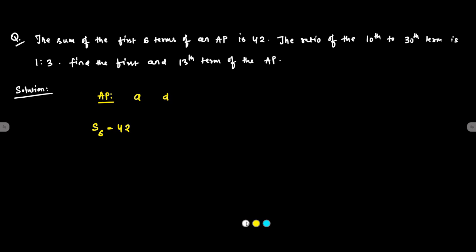Now we know that the general formula for the sum of n terms of an AP is n by 2 into 2a plus n minus 1 into d. So if we go by this formula here, S6 is equal to 6 by 2 into 2a plus 6 minus 1, that is equal to 5d, that is equal to 42.